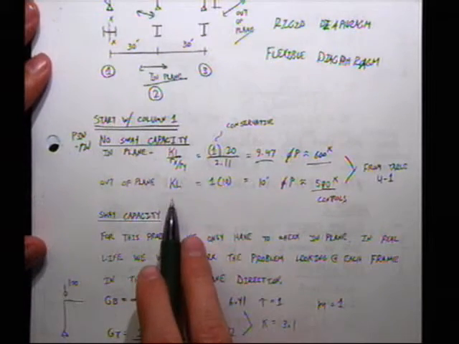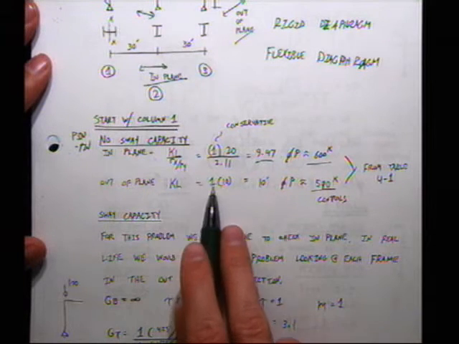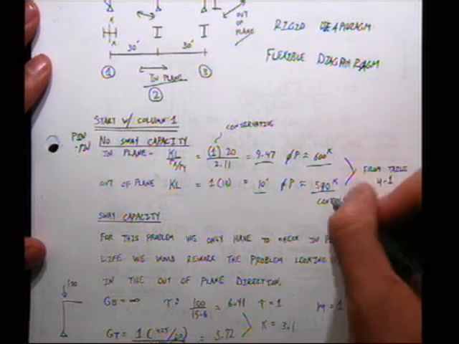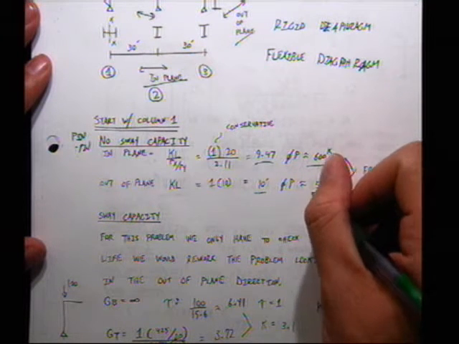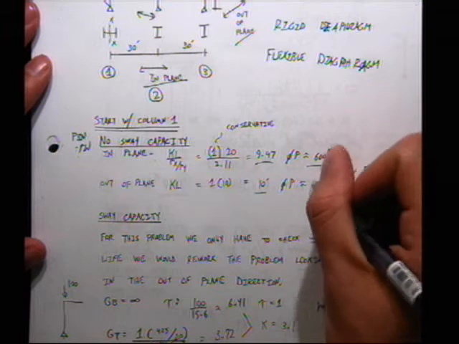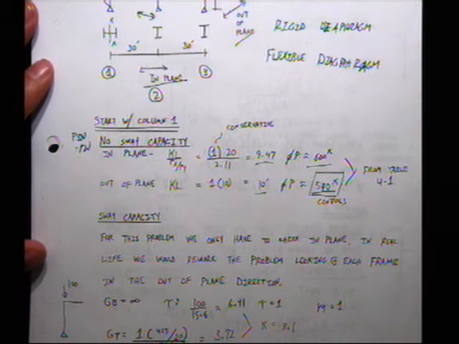So out of plane, K is 1, L is 10. My KL is 10 feet. I can look it up in Table 4.1, and I get a capacity of 590 kips. That's going to control for K equal to 1, for the no-sway, for the individual failure.